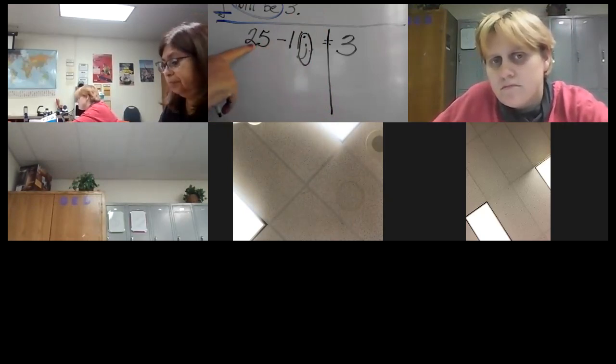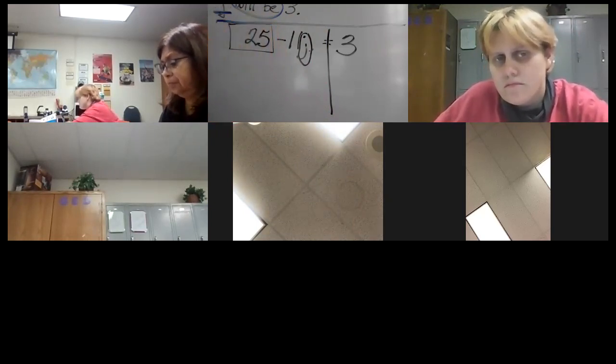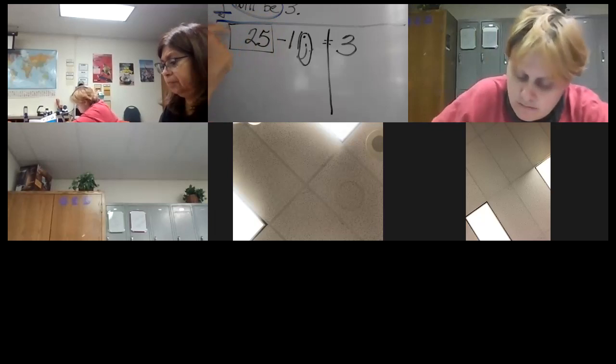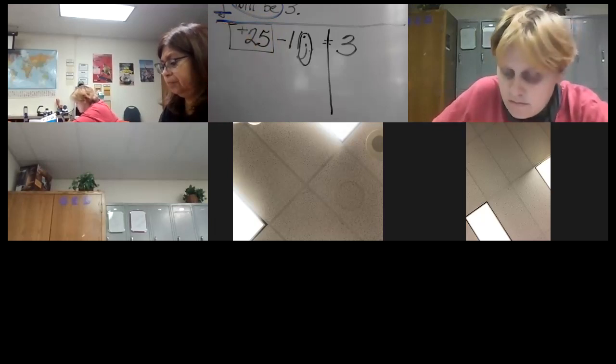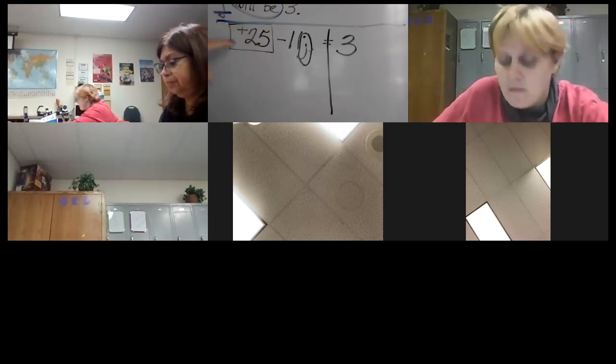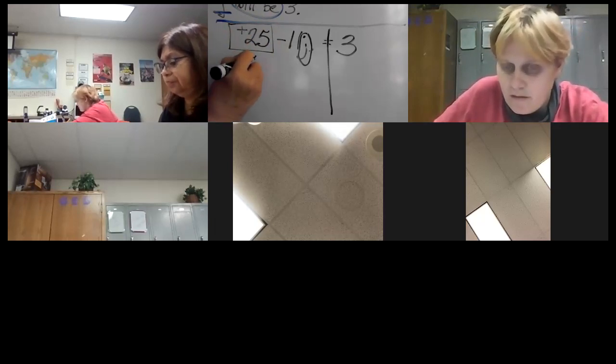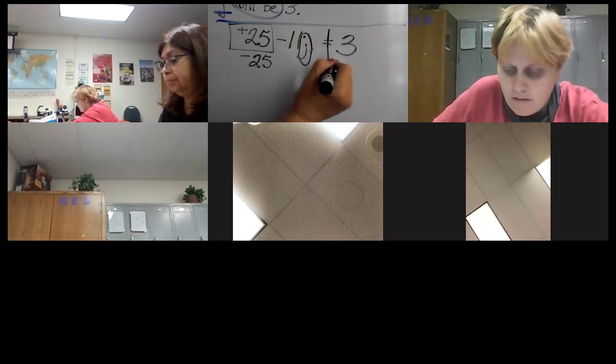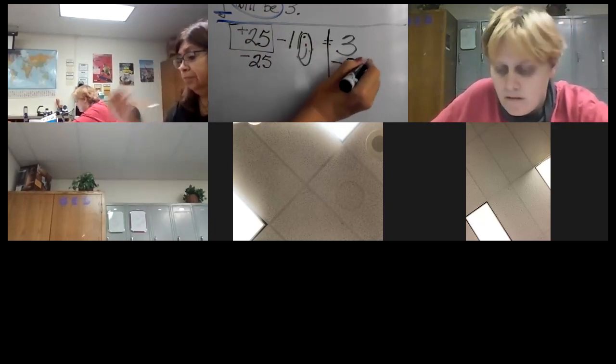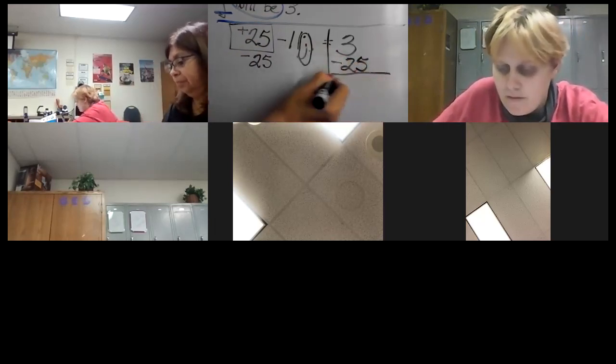This is not the sign for 25. The sign is always on the left-hand side of the number. So if there's nothing showing, it's a positive. And if we want to get rid of a positive 25, we have to subtract 25. Before we do anything, we go to the other side and subtract 25 to balance our equation.